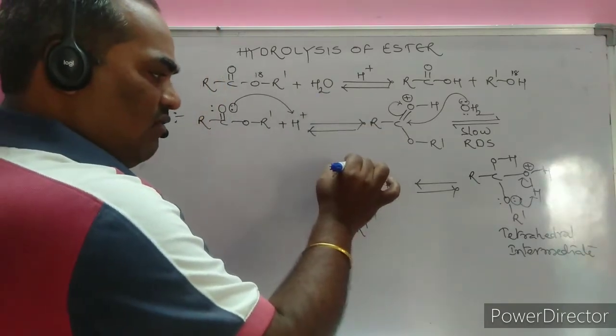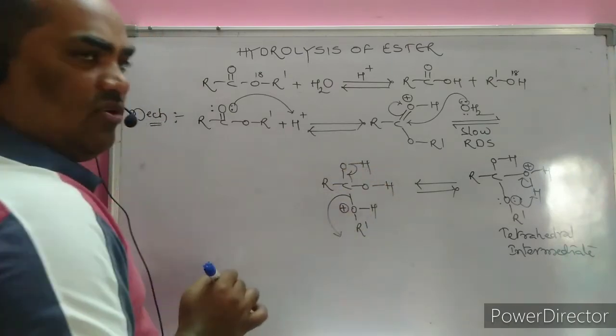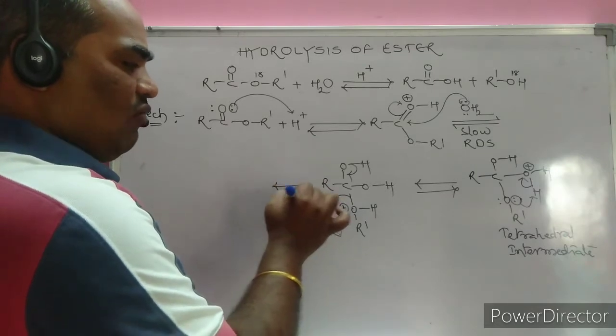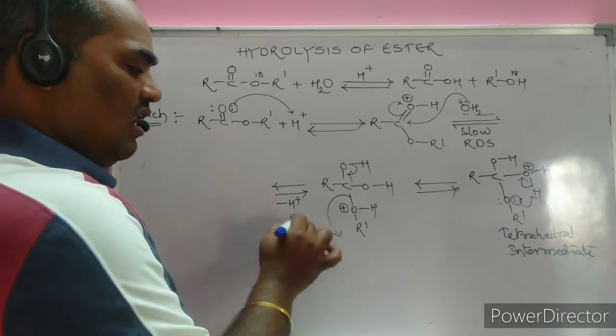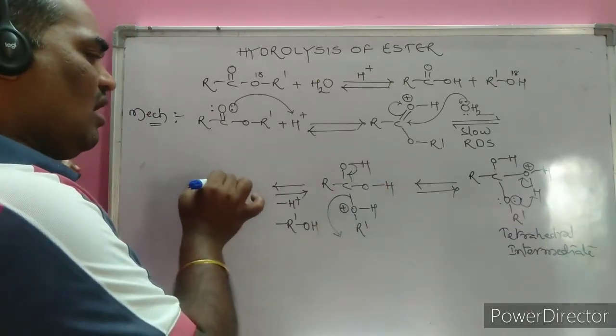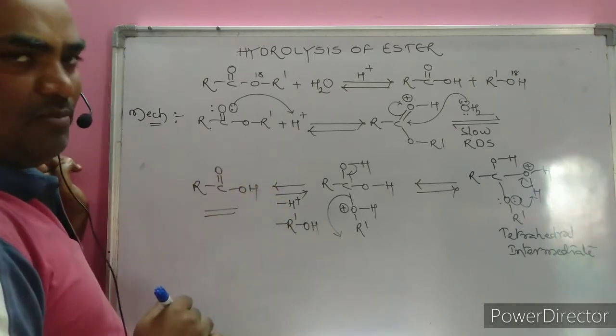Now when these electrons are given to this side, the loss of the alcohol molecule takes place. Both simultaneously take place: one is the loss of the H plus ion, another is the loss of ROH, to form R C double bond OH. This is the acidic medium.